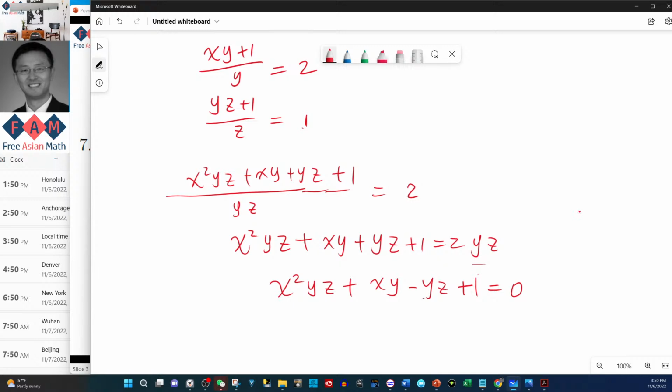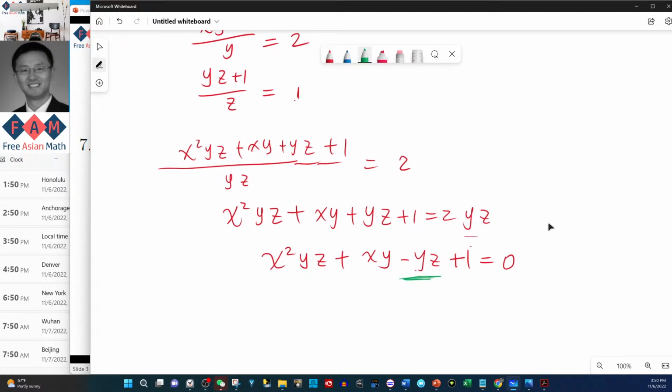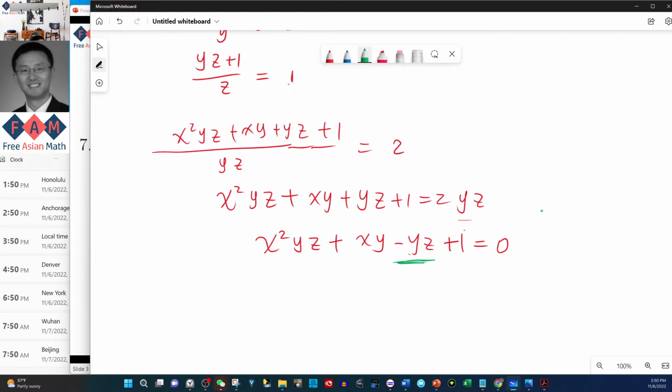Remember, last time this guy completely disappeared, but now it's there. But we still want to evaluate xyz. So we continue the same process and divide both sides by y. This guy becomes x, this guy becomes minus z, and we get 1 over y. The right-hand side remains 0.